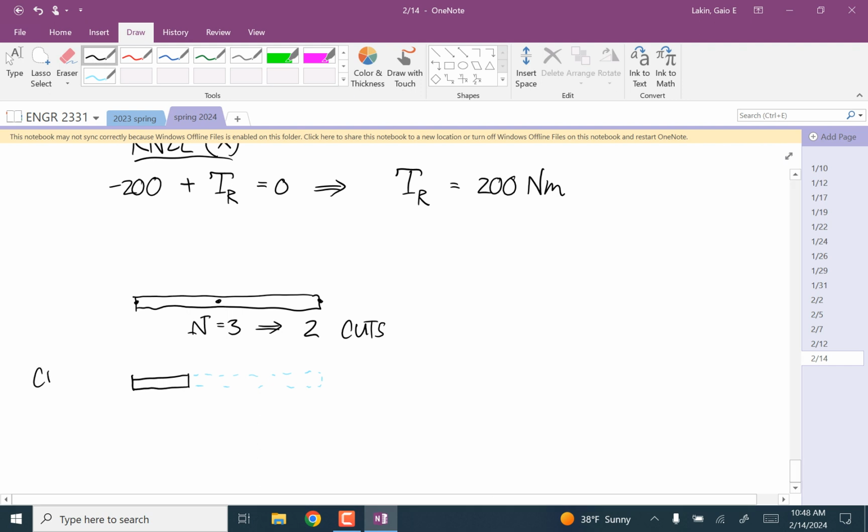So that's cut 1. And the second one is going to be somewhere after you get to that second point. So that's cut 2. And those dots are supposed to represent which of those external loads appear in what cut.